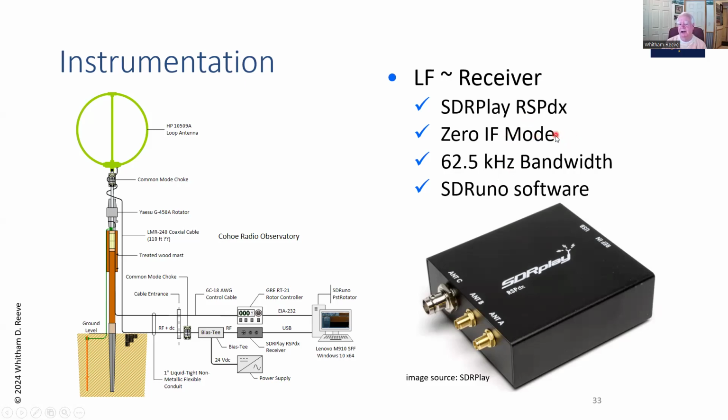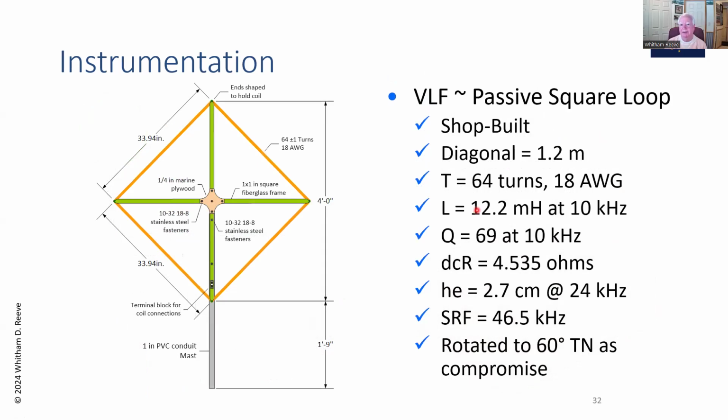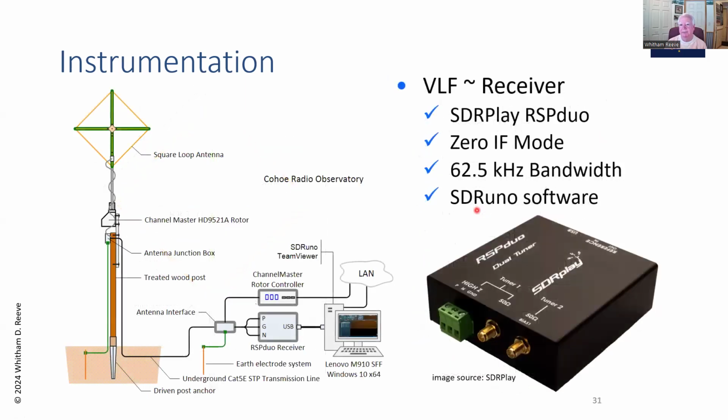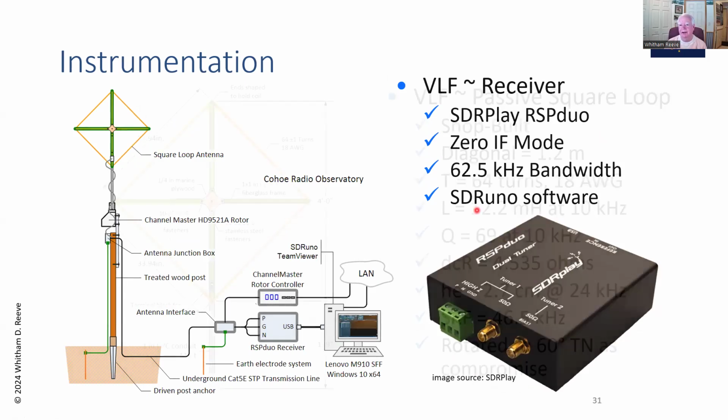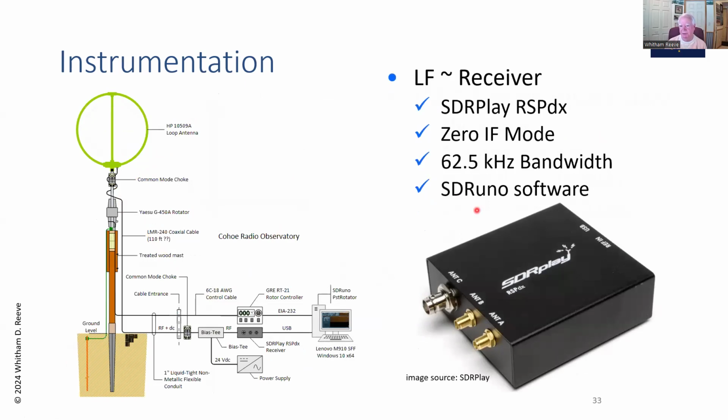Again, I operated it in the zero-IF mode, and I used the native SDRuno application. So I was actually running two instances of SDRuno, one with the RSP Duo, sorry, and another instance with the RSP DX.